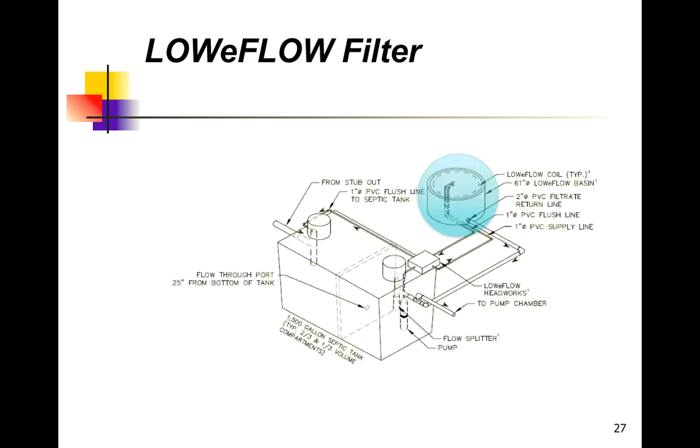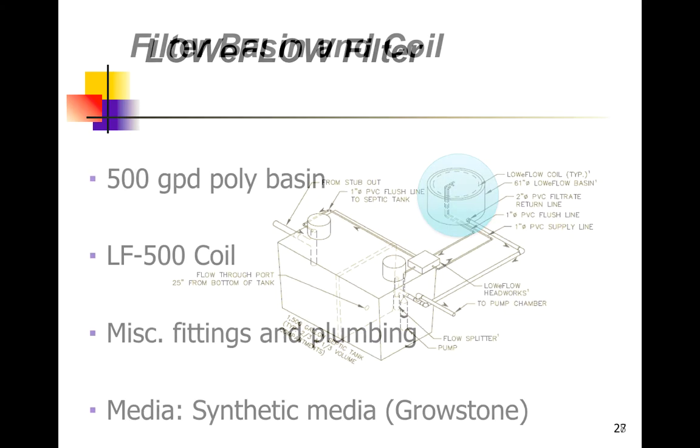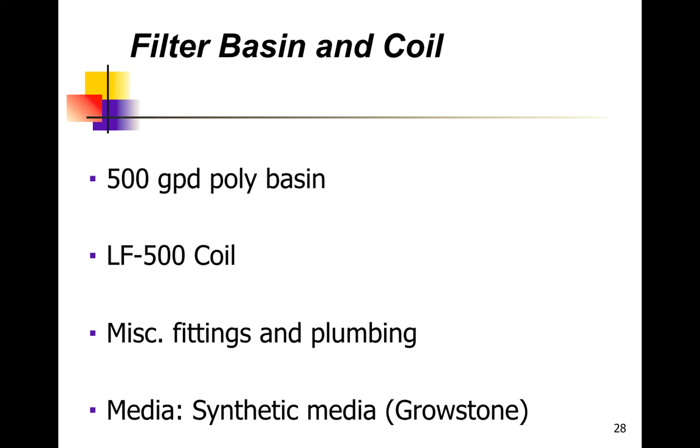After we have the two tanks, the next major component is the low flow filter. There are four basic components to the low flow basin and coil. One is the poly basin itself, the low flow coil pre-manufactured. We also have some miscellaneous fittings and plumbing that come with the unit. And the media is what we call synthetic media made out of recycled glass, referred to as Growstone.